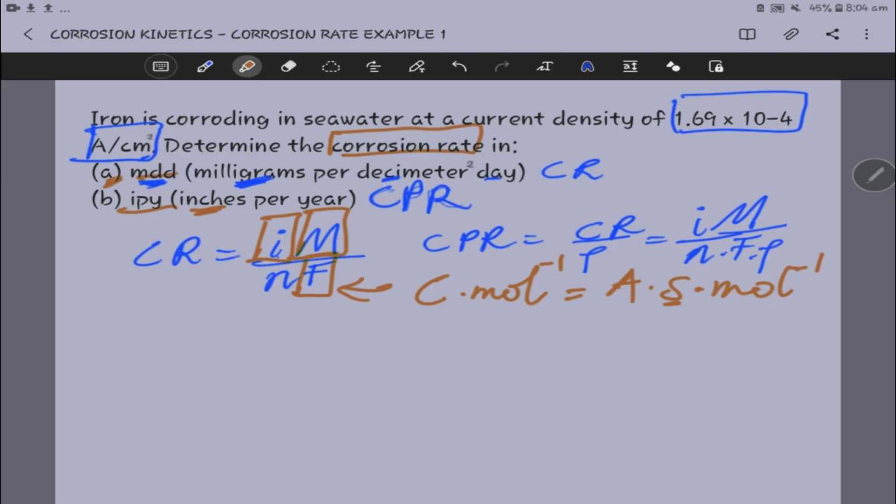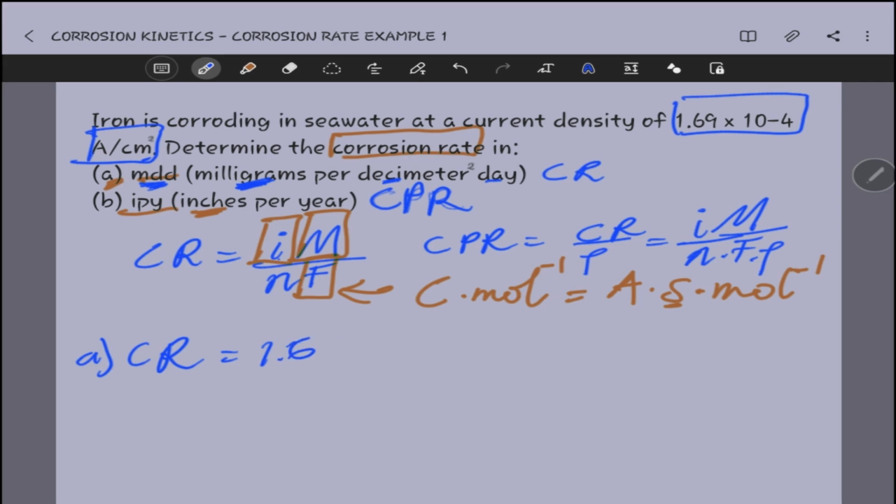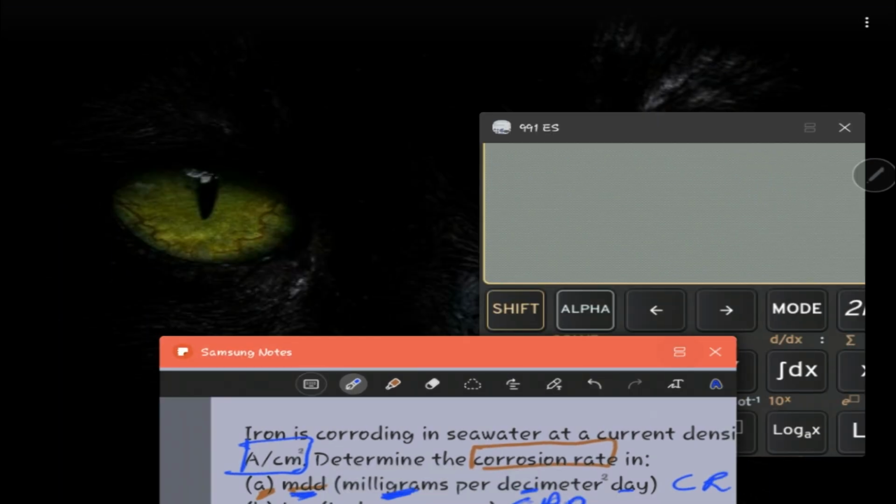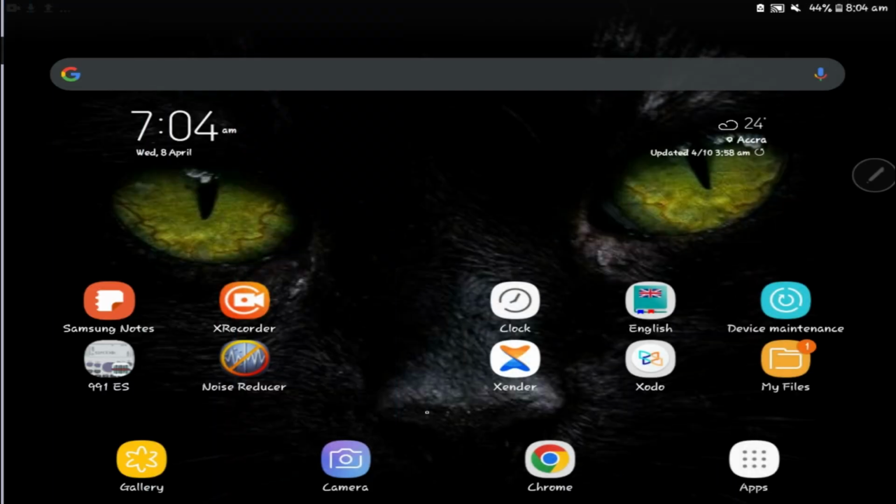So basically we are doing conversion for all of them. Let's see. For A, the corrosion rate that we are looking for, the current density has been given. So we have 1.6, let's see. If you are familiar or comfortable with memorizing the table, it's fine. That one should work as well.